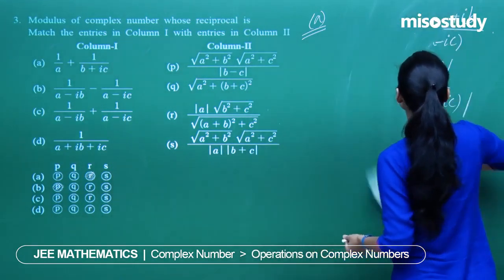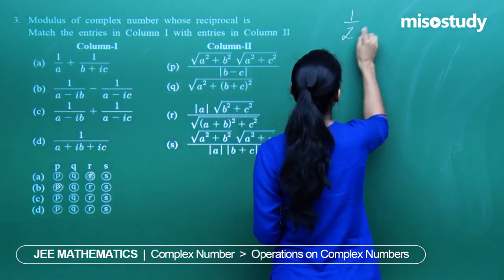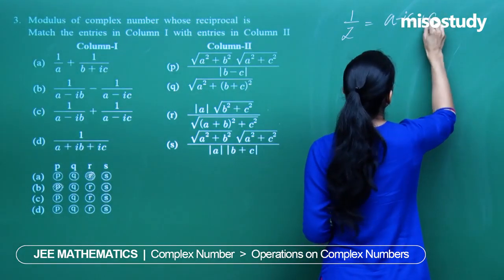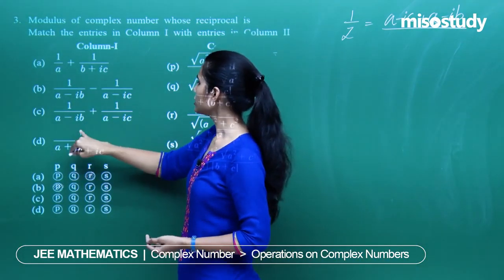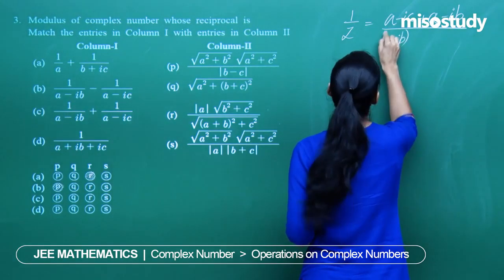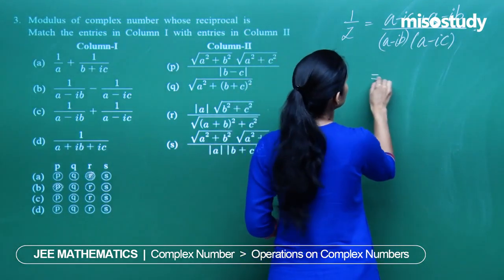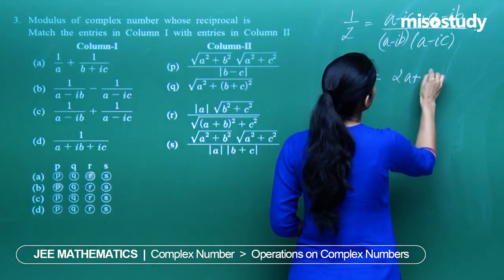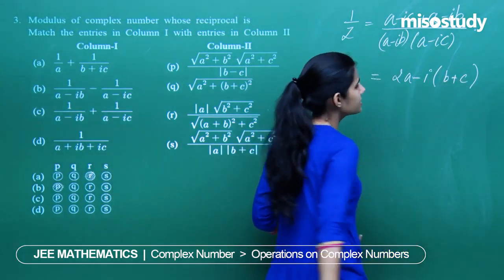After this, what is it that you have? Let's see. You have a minus iota c plus a minus iota b, right? So you basically have a minus iota c plus a minus iota b upon a minus iota b into a minus iota c. So you have a plus a is 2a minus iota times b plus c.